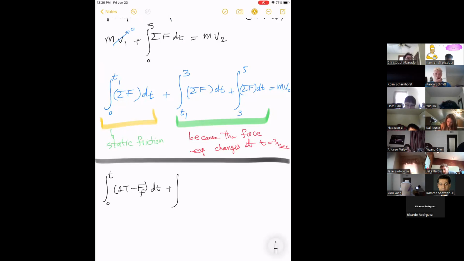Plus from t1 to 3, again, I have 2T minus Ff dt, and from 3 to 5, same forces, 2T minus Ff dt, and this equals mv2.